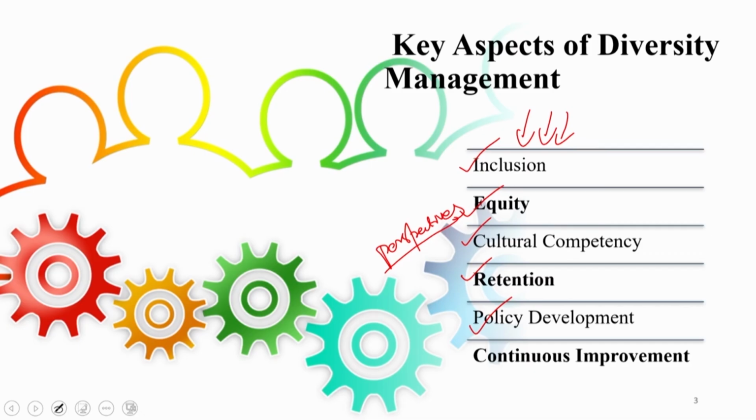We have continuous improvement, what in the Japanese system we call Kaizen. Continuous improvement is regularly assessing diversity metrics and making adjustments to enhance the effectiveness of all the diversity initiatives. Please note, if this activity is not happening on a continuous and consistent basis, all these parameters which we have discussed might fall.